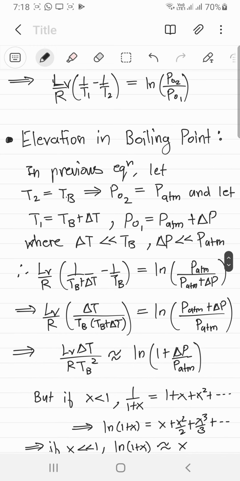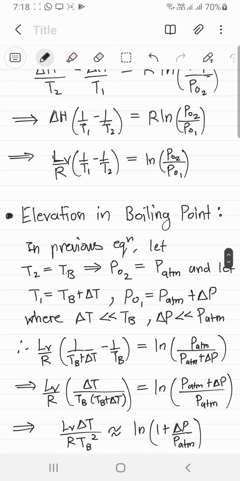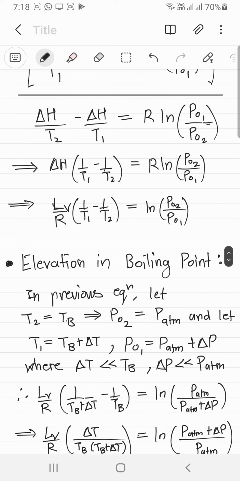And then let's talk about elevation in boiling point as we are at it. So in the previous equation, if you put the second condition, which is for T2 and P02, yeah, this is actually correct.